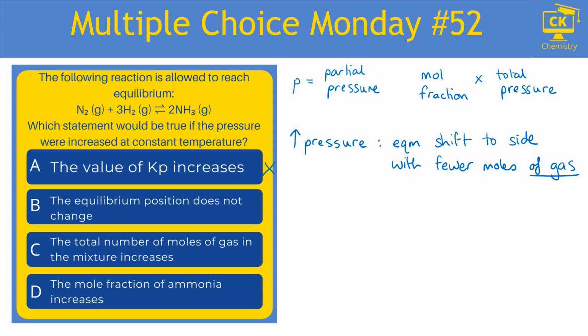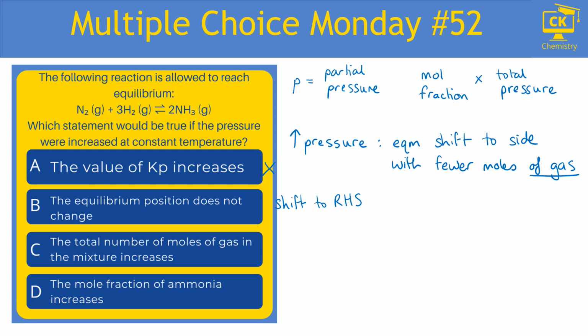We are going to explain how the equilibrium position changes without changing the value of Kp. Because the equilibrium position does definitely change. There are 2 moles of gas on the right hand side and 4 on the left. So it's going to shift to the right hand side, which means we're going to make more ammonia and we're going to use up more of the nitrogen and hydrogen.